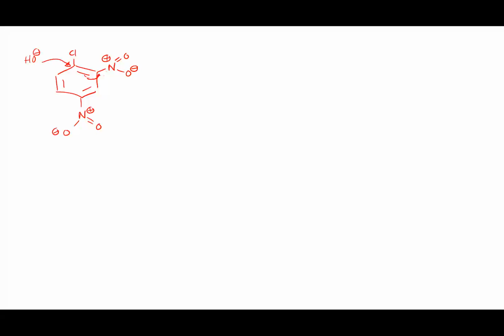I'm going to put the minus charge onto that carbon. So I'm going to end up with the OH and the Cl attached to the same carbon, and I'm going to end up with a minus charge here next to my N plus, next to my nitro group, N plus double bond O minus.